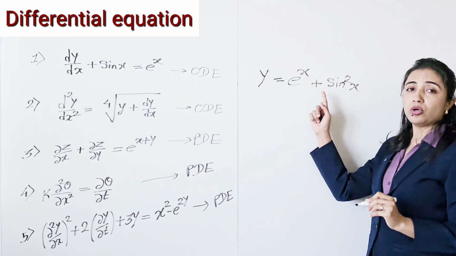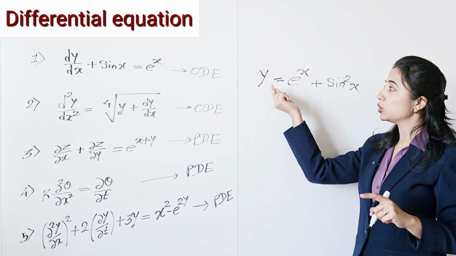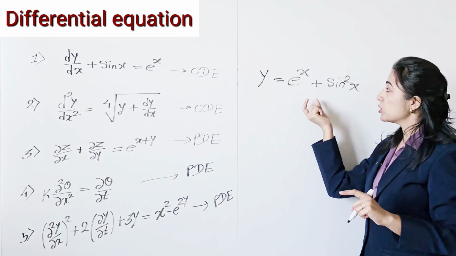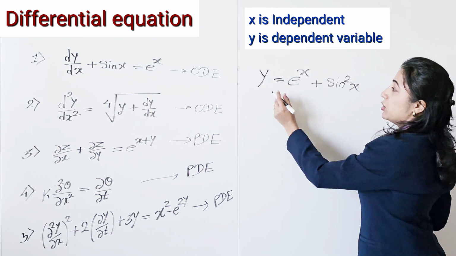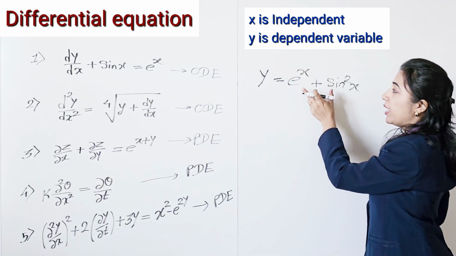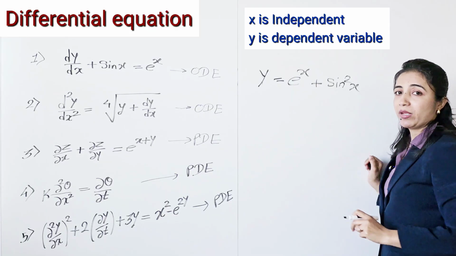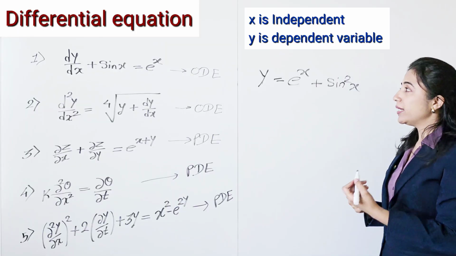Now see, if you know the value of x, then obviously using the value of x you can find the value of y. So x is independent and y here is dependent. So y is dependent, x is an independent variable, and with respect to this independent variable you can observe the change, you can find the change, that is a derivative.